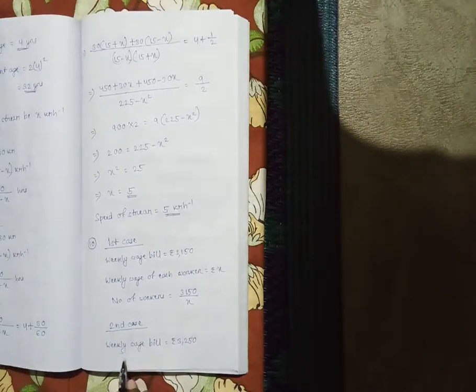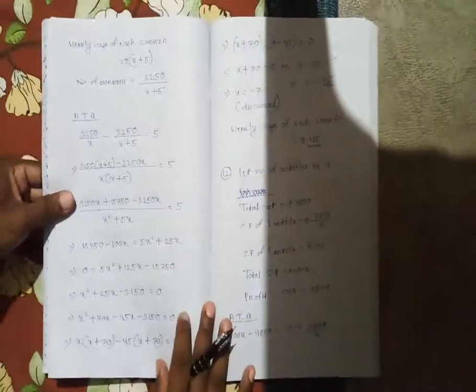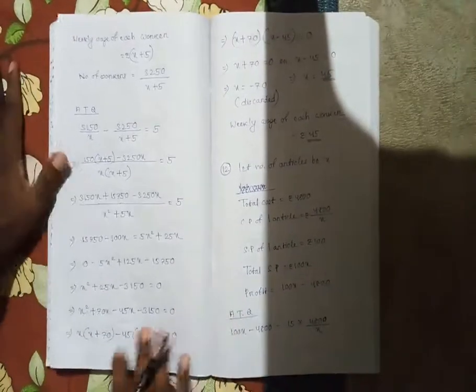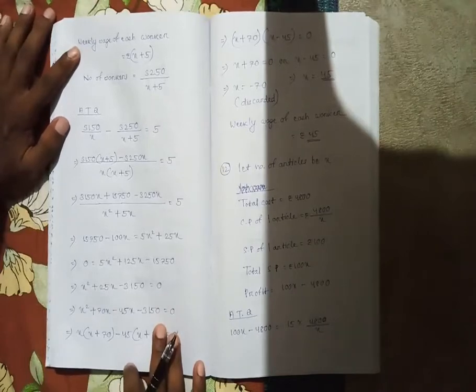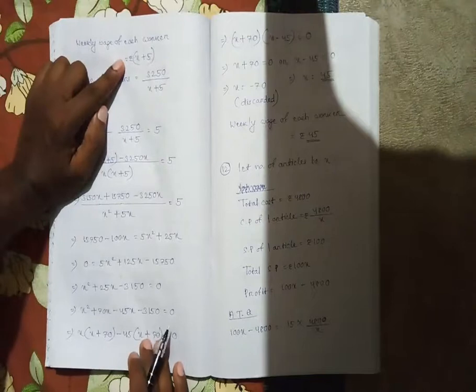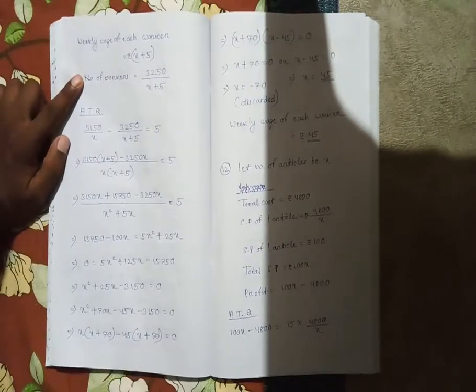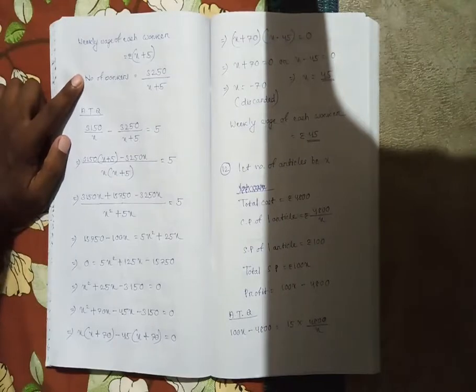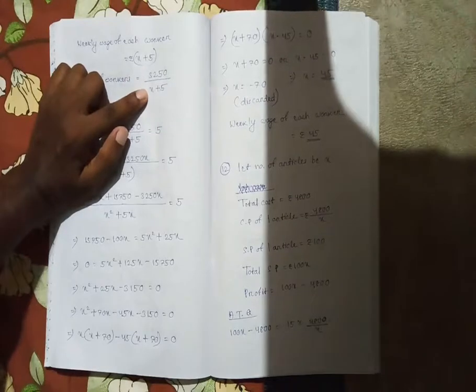Second case, weekly wage bill is equal to rupees 3250. Now weekly wage of each worker is 5 rupees more, so obviously x plus 5 rupees. So number of workers will be total weekly wage bill by weekly wage of each worker. So 3250 by x plus 5 in the second case.